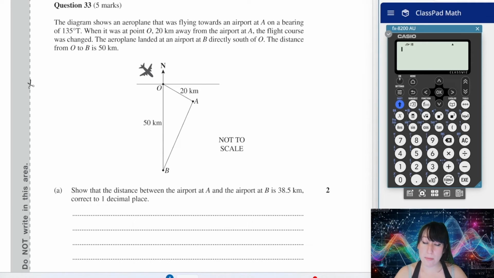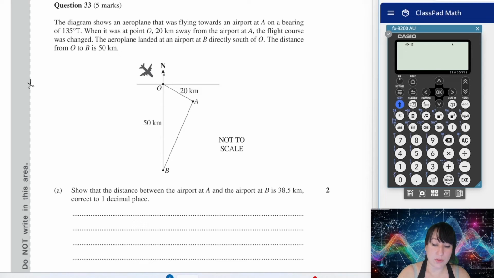Notice, though, that that bearing is not on there. We're going to have to add that on ourselves. So show that the distance between the airport at A and B is 38.5 kilometers to one decimal place. Let's put that bearing on there so we have an angle to work with. So that bearing is going to be drawn at O, where that north arrow is conveniently.